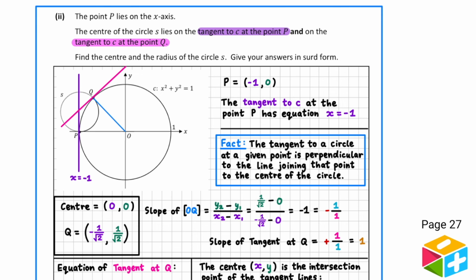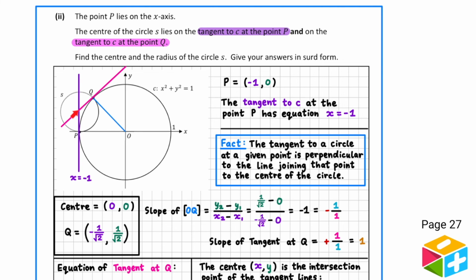In the question, we've been asked to find the centre and the radius of the circle S. Well, we've been told that the centre occurs at the intersection point of the two tangent lines.